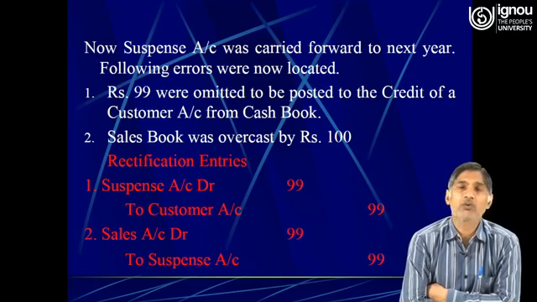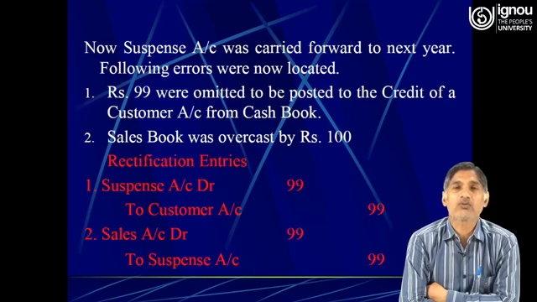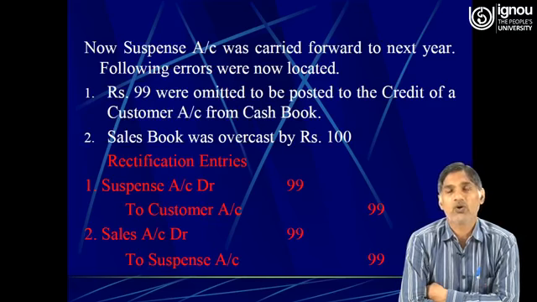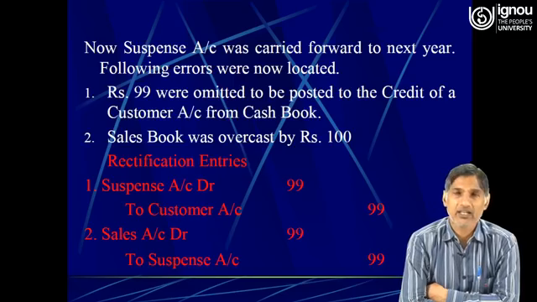So here we will have to credit the customer account by rupees 99, and in order to complete the journal entry, we will have to debit the suspense account. So here the rectification entry would be suspense account debit to customer 99 rupees.